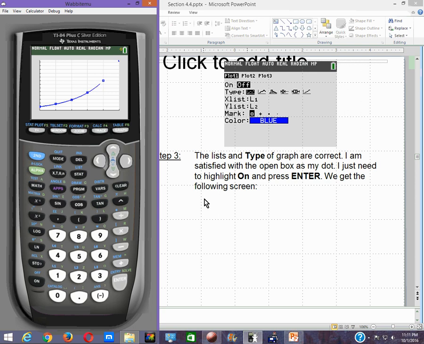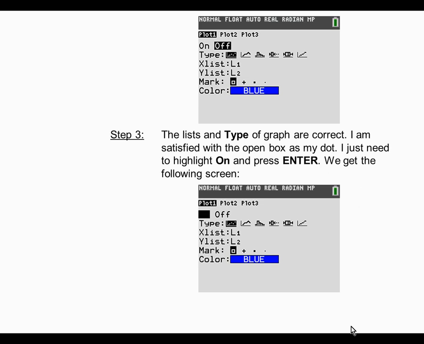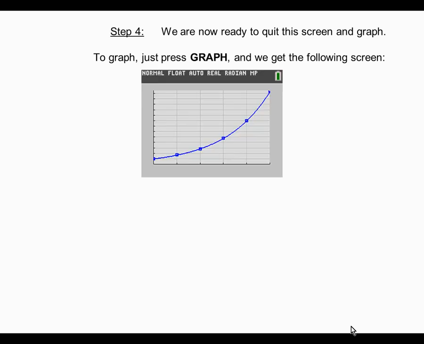You can see it actually does go through them fairly well, and may not go through them exactly. Like, you know, this one looks like it's a little bit below. It doesn't hit the dot exactly, it's a little bit above. So there's your graph for the model itself and the points.